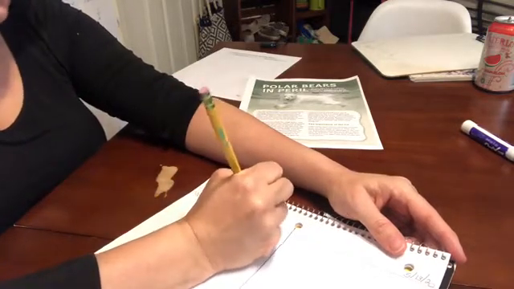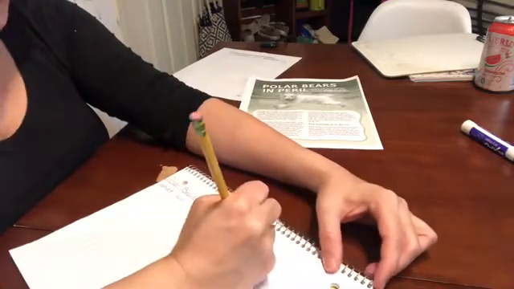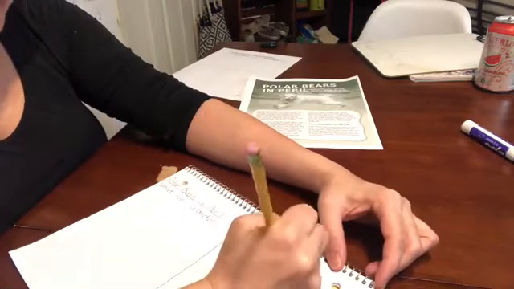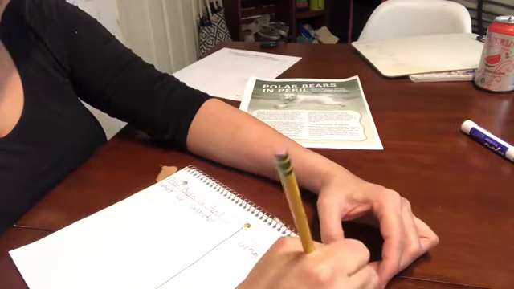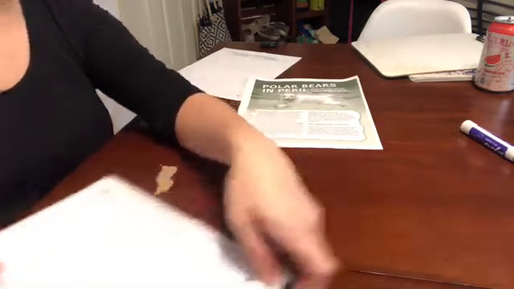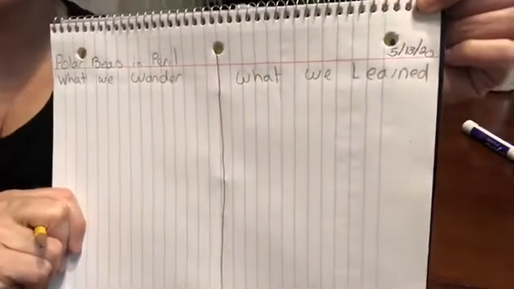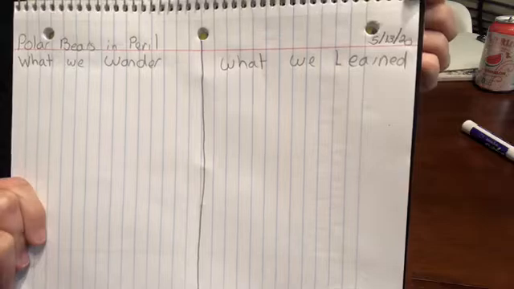And on the other side, you are going to write what we learned. So go ahead and pause the video until your paper looks like mine and you have a double entry journal of your own.